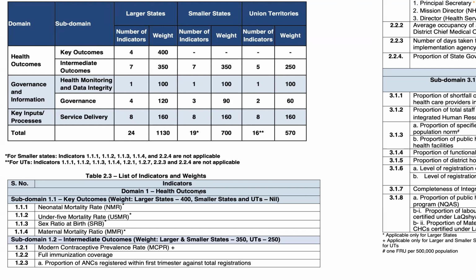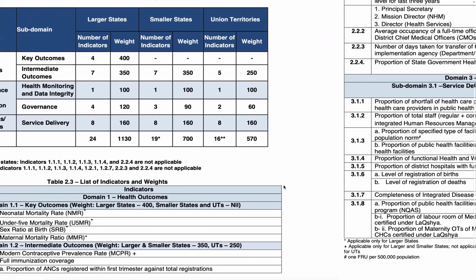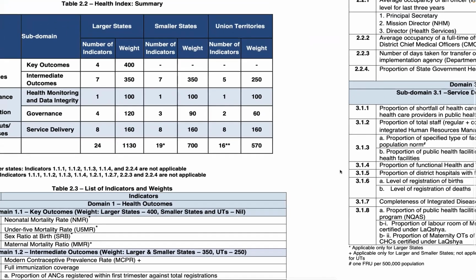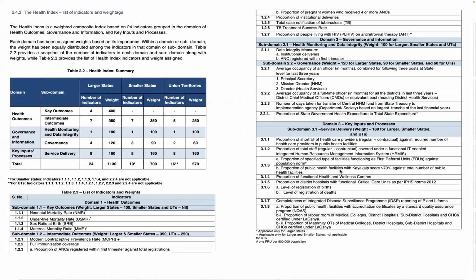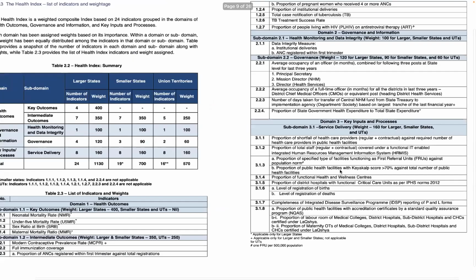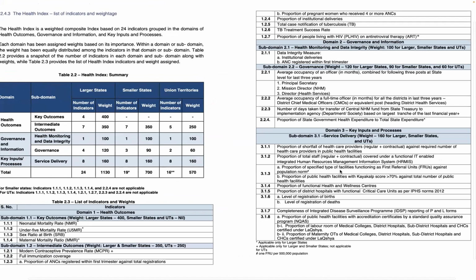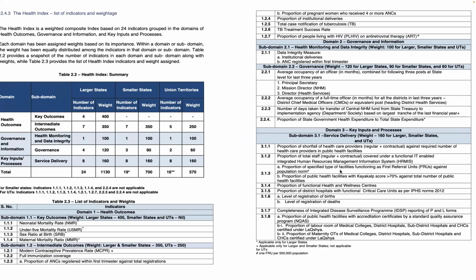Move to this particular area. Scroll down. Okay. Then for the same indicator, that is health outcome, 1.2.4 is proportion of institutional deliveries. What number of deliveries taken in hospitals, PHC centers, and so on.